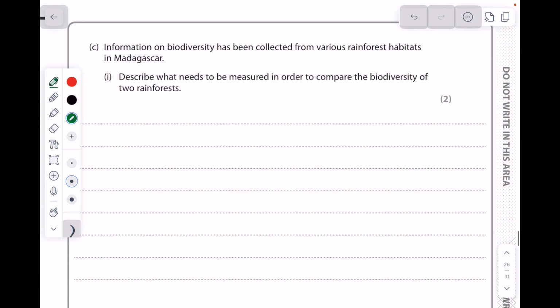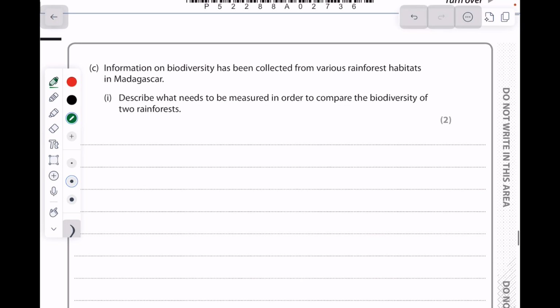All right. C. Information on biodiversity has been collected from various rainforest habitats in Madagascar. Describe what needs to be measured in order to compare the biodiversity of two rainforests. Describe what needs to be measured. Okay.